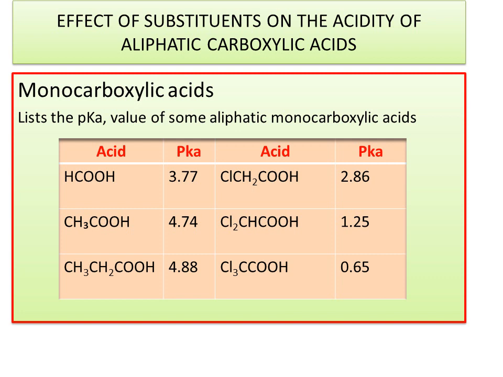Here in this table, a few carboxylic acids and the corresponding pKa values are given. See here, this is formic acid whose pKa is 3.77 and this one is acetic acid whose pKa is 4.74.